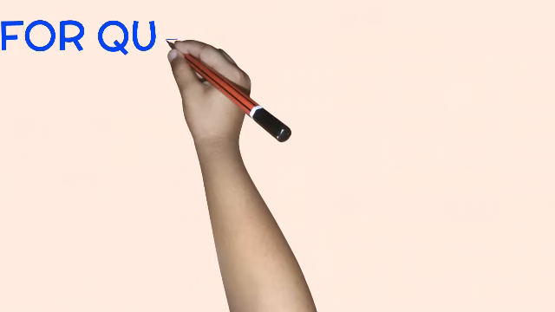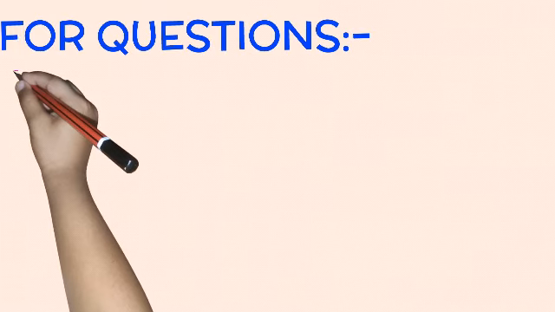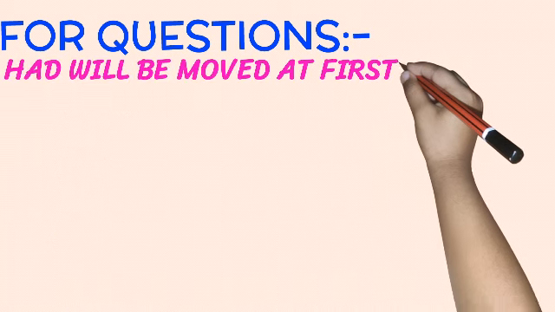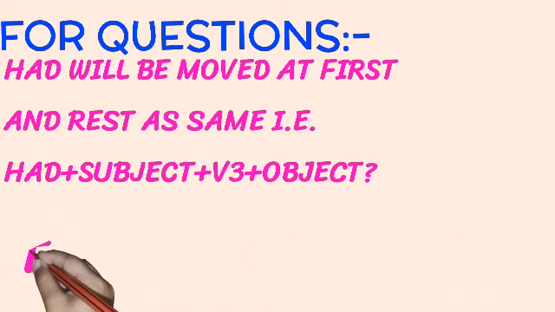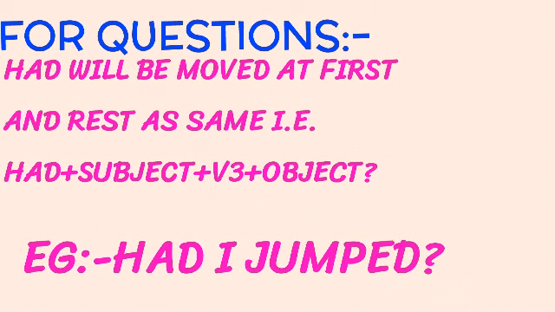Okay. The rule for singular is the same. Now for the question formation, again had will be moved forward and the rest of the sentence will be the same. That is had plus subject plus V3 plus object, and the question mark is a must. Example, had I jumped? Question mark. Had I jumped. Okay.